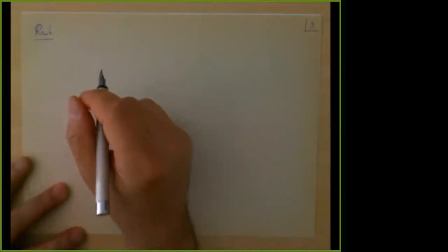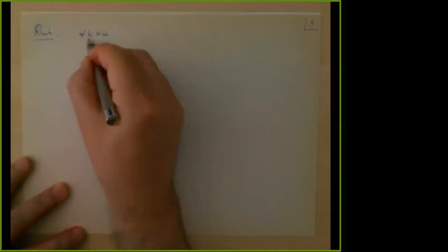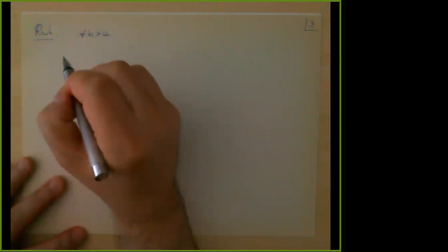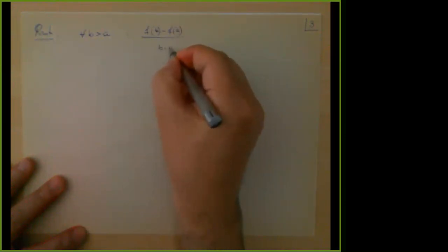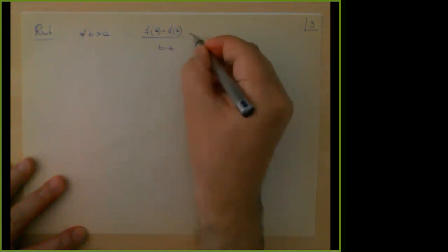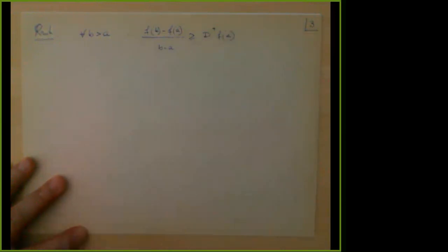Let us call it a remark. It doesn't really deserve to be called a proposition or anything. So we have the following fact: if we take any points b larger than a, both interior to the interval, then we have that f of b minus f of a over b minus a is larger or equal than d plus f at a.